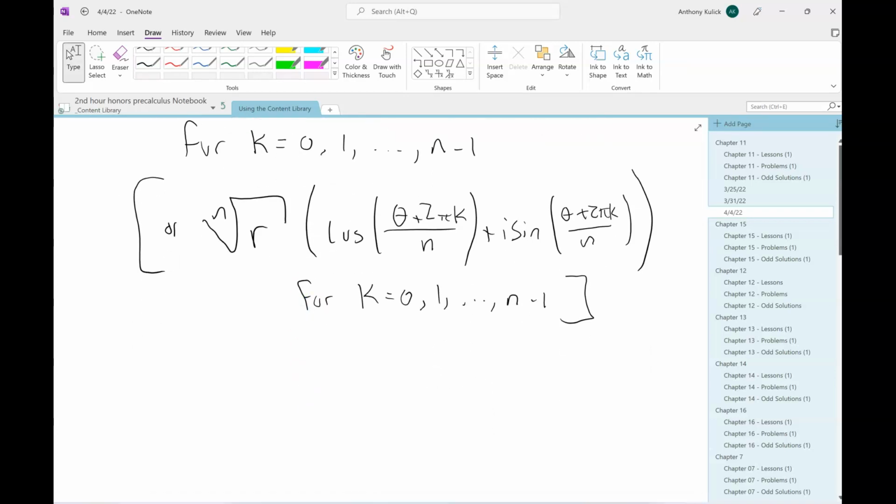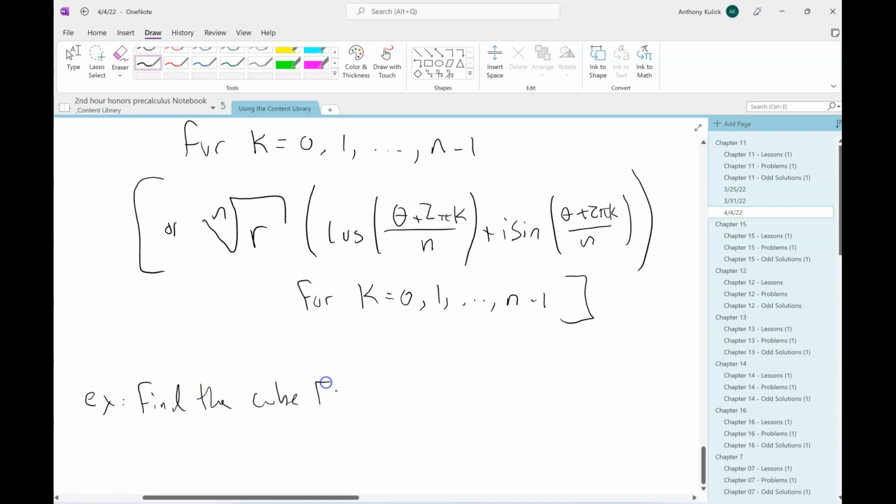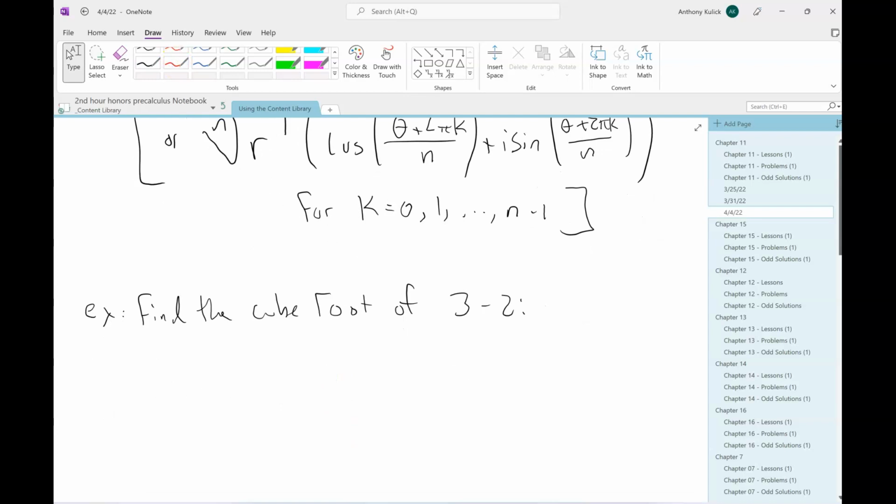Sound good? So let's say we want to find the cube root of 3 minus 2i. What should I do first? I convert this to trigonometric form so I can apply De Moivre's theorem, right?